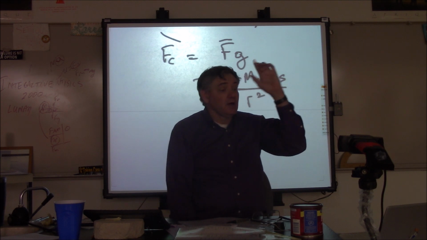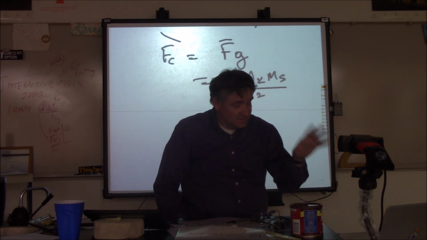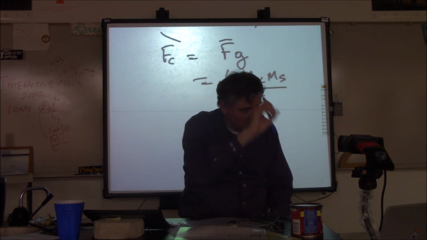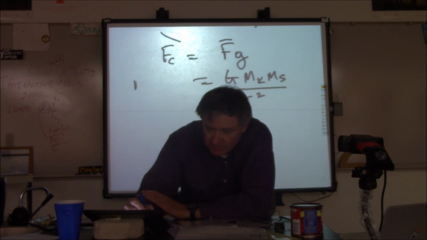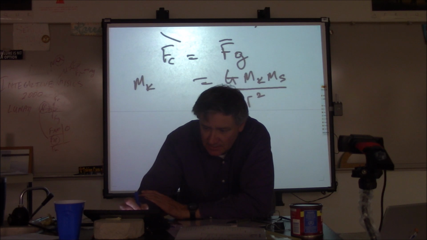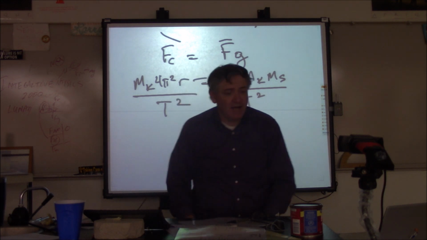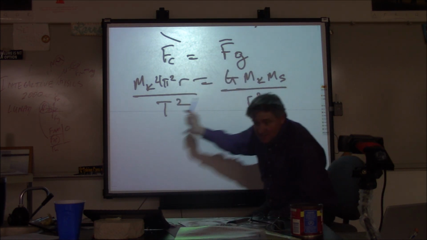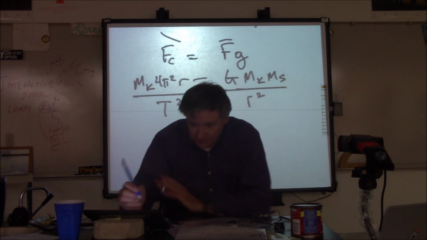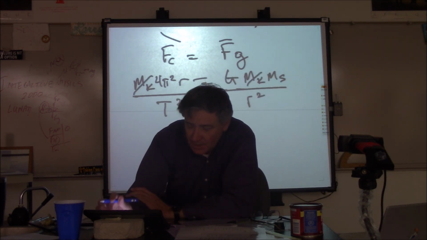Now, the other way to calculate centripetal force is the one that involves 4 pi squared r over t squared. So I'm going to put mass of Caden, 4 pi squared r over t squared. Now, again, here's what's going to happen. Okay, no offense, you're going to drop out of this equation. Okay, so you're going to go away.